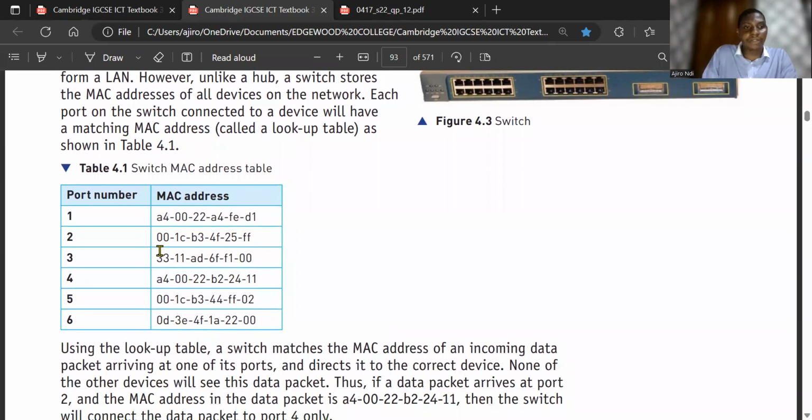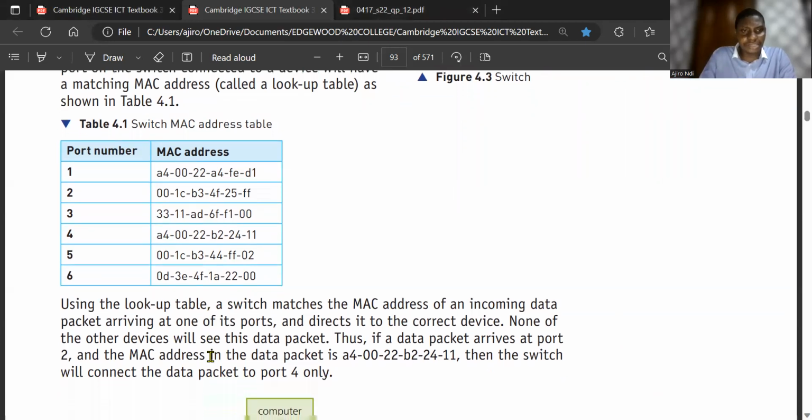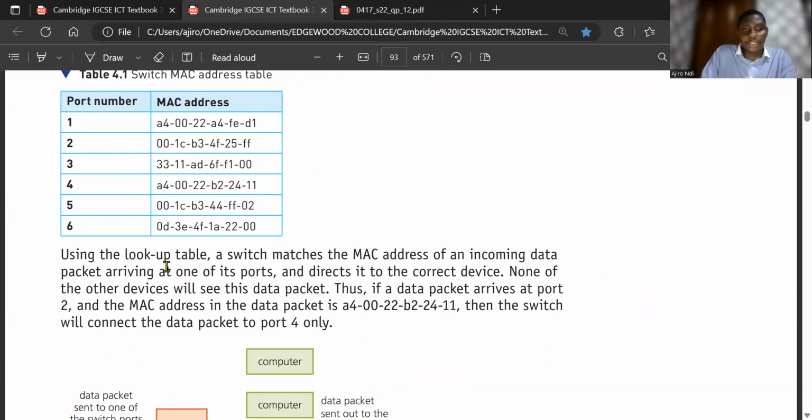Now, let's say these are 6 ports that have been connected. This simply means 6 computers have been connected. The next thing is using the lookup table. Since there are 6 ports, we'll call it a lookup table, like a table.